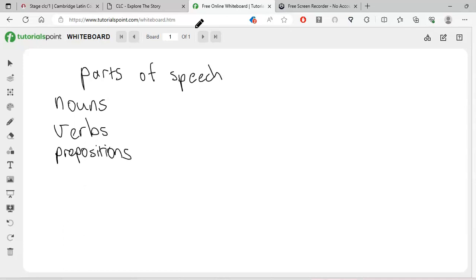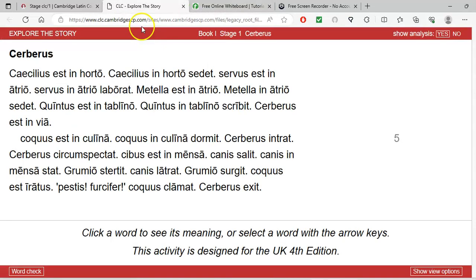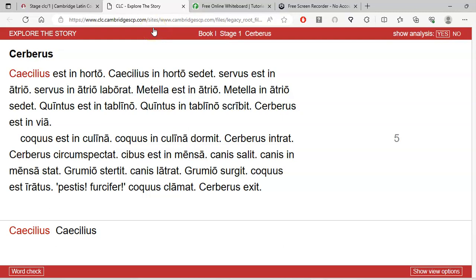I'll start with nouns. So there are naming words. So we've got the names of people, Caecilius. We have a location, ordo. Here we have a long vowel, unlike Caecilius, which has a short vowel at the end of the word. Servus, this is a servant, slave, I should say.